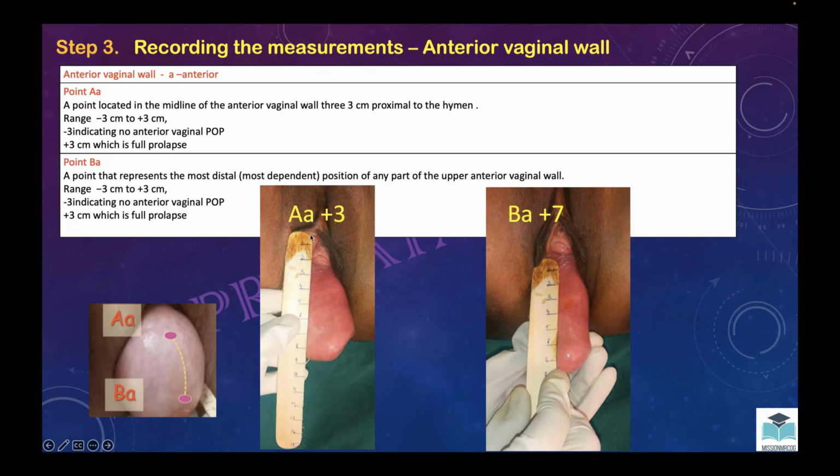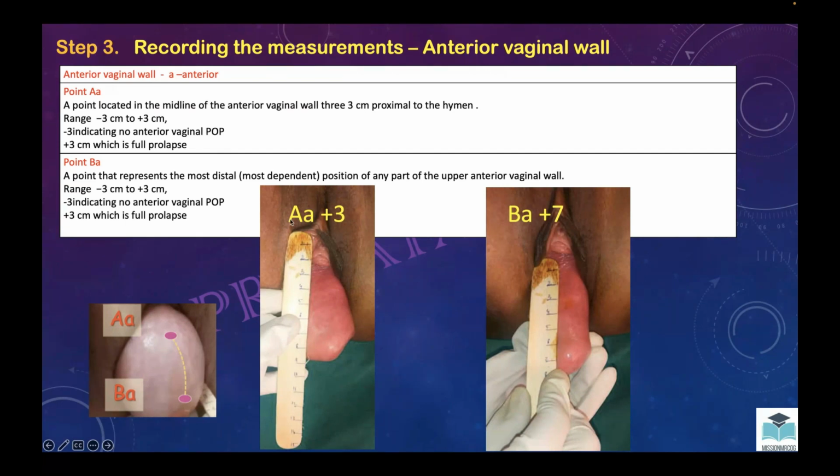Here, the measurement from the external urethral meatus to the point at the level of the hymen is 3. So from here to here, this measurement is +3. So AA is +3.